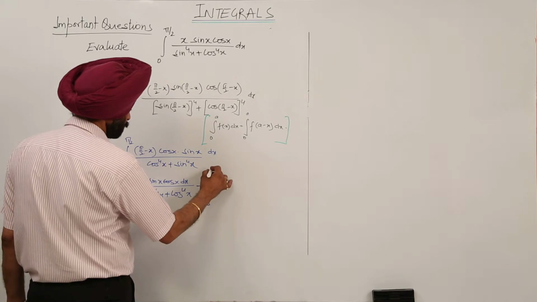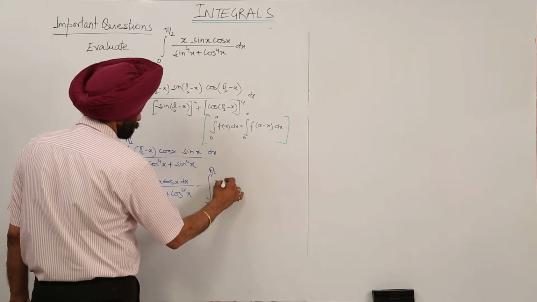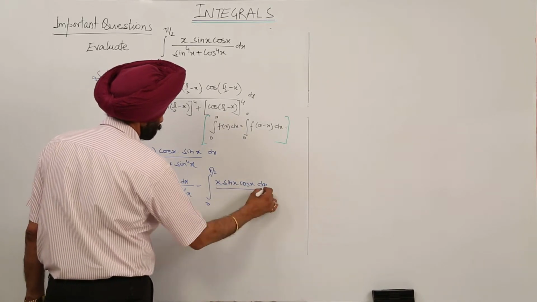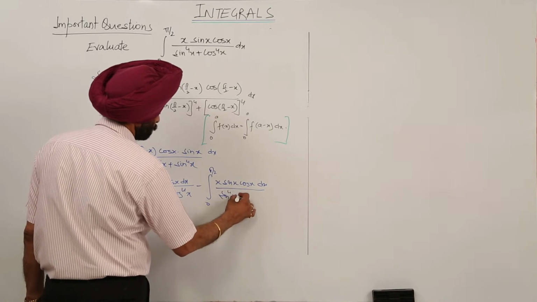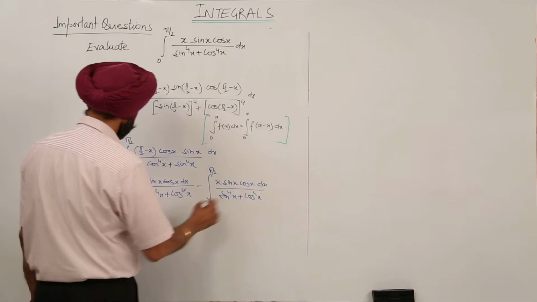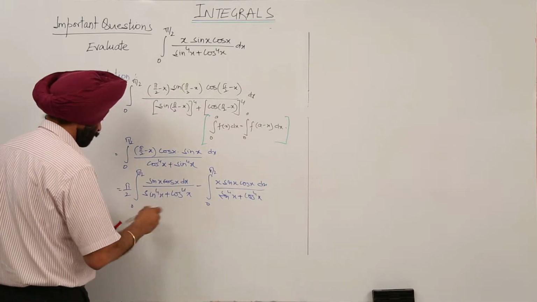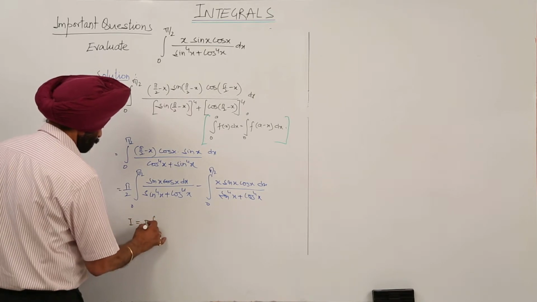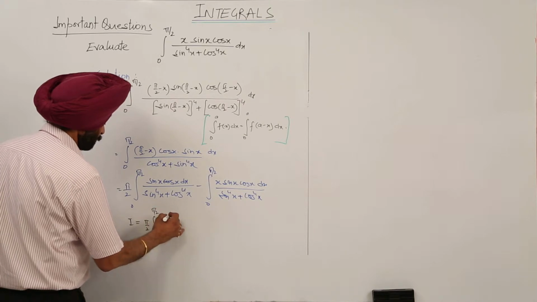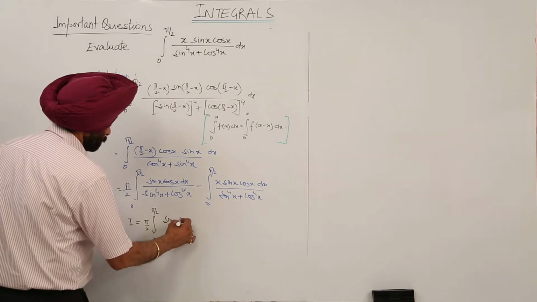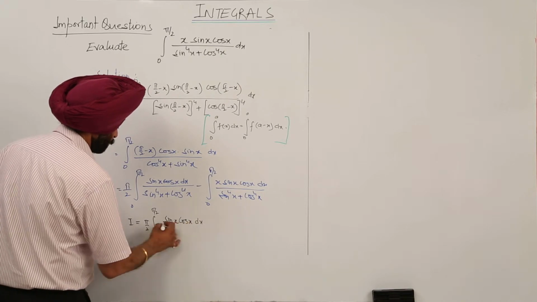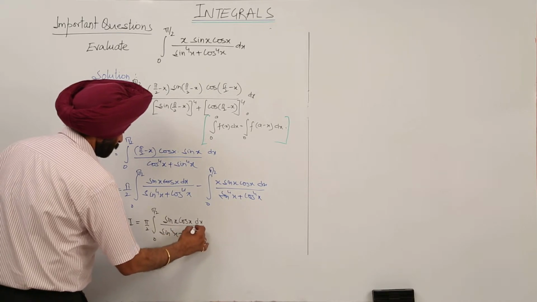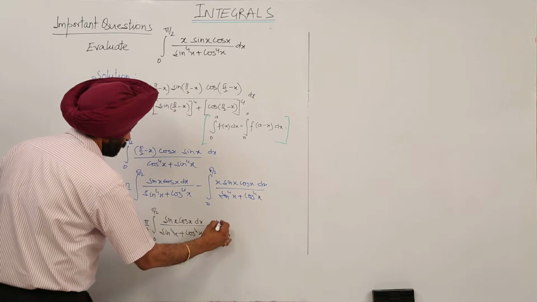minus integral 0 to pi by 2 x sin x cos x dx upon sin raised to power 4 x plus cos raised to power 4 x, which is minus I. This is the question.